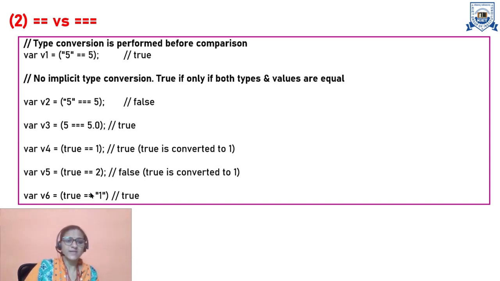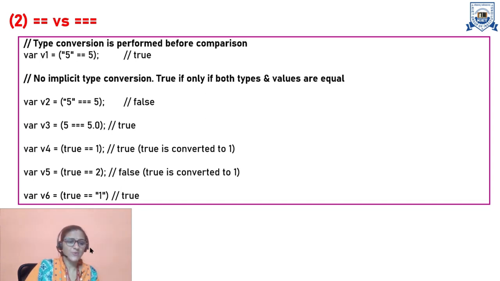True equal to 1. Yes, the Boolean value true is 1, so it is converted to 1. The answer will be true because double equal to is there. True equal to 2? No, because true is implicitly converted to 1. It is not 2, the value is not the same, so it returns false.